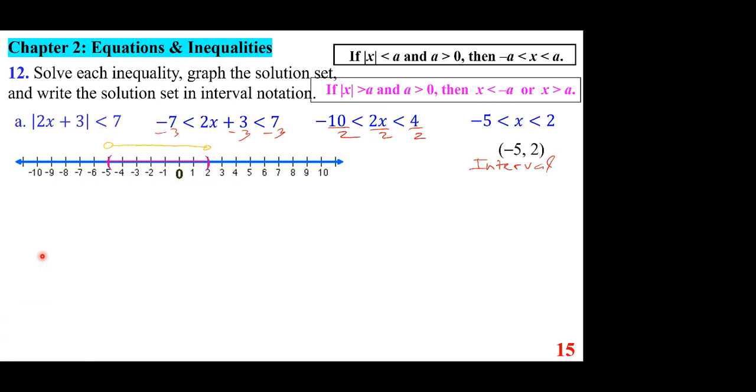Here's the next one. And obviously, the first step is to get rid of positive 3. We are going to subtract 3 from both sides. We are going to divide by 2, both sides.